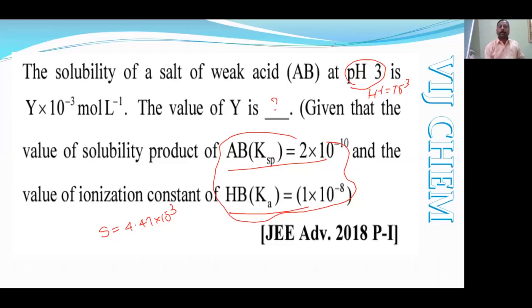It is just like a common ion effect. Understood? Here the common ion is B minus: the acid also provides B minus and the salt also provides B minus. So by using the common ion effect, you can solve it. The H plus concentration is given and the B minus concentration you will get from here, then you will get the solubility as 4.47 into 10 to the power of minus 3. Is it clear?